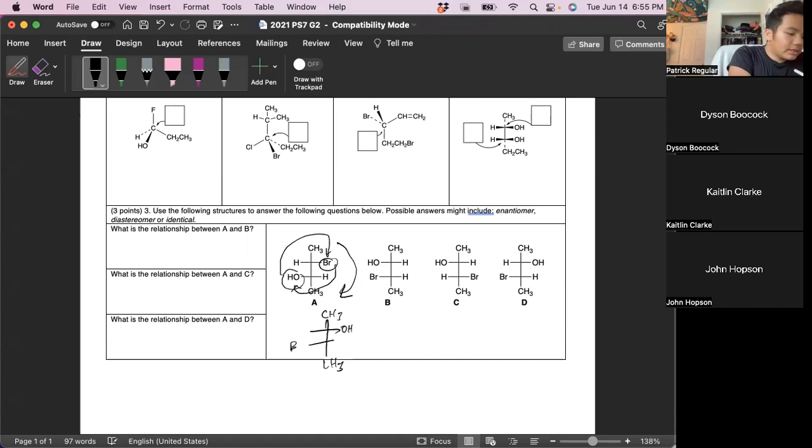OH, Br, H. So if it was completely rotated, that is acceptable. It is still the same compound. If this was R, this was S, hypothetically, if you rotate it around, this would be S and this would be R, they would be meso compounds.